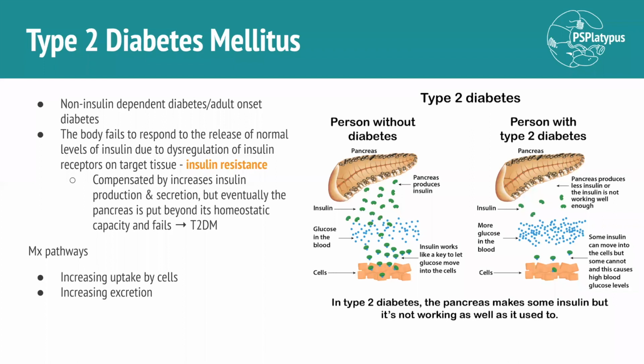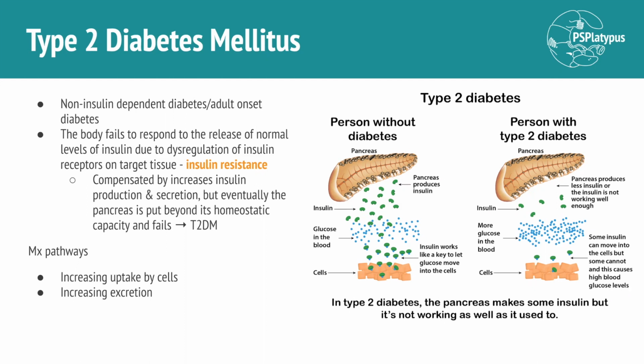Now we move on to type 2 diabetes. This is also known as non-insulin dependent diabetes, as patients are not voided of insulin production as opposed to type 1. This is also known as adult onset diabetes, as the majority of patients who develop this condition are of older age compared to type 1 diabetes.